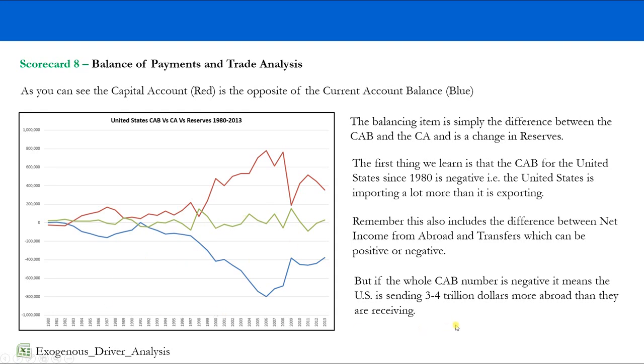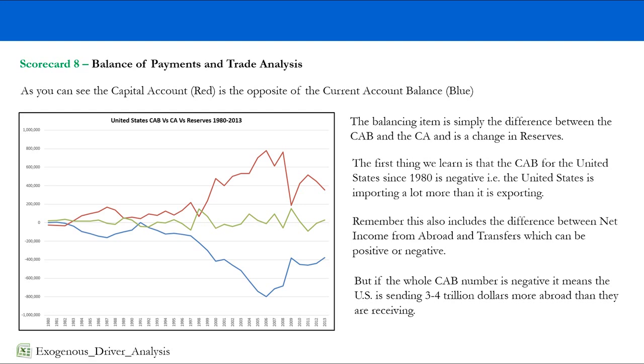So this is the exports minus imports number. But also, just remember that this includes the difference between net income from abroad and transfers. So that's also in the equation, and that number can be positive or negative.